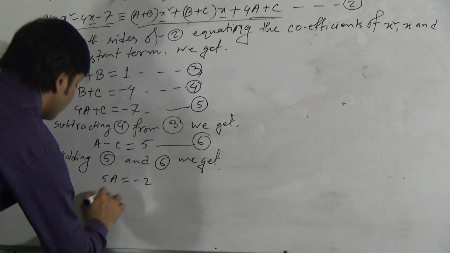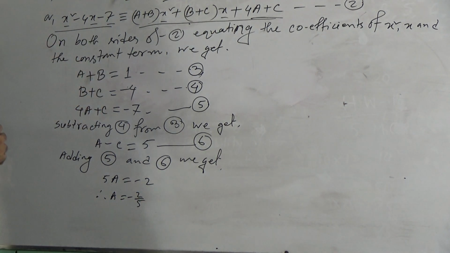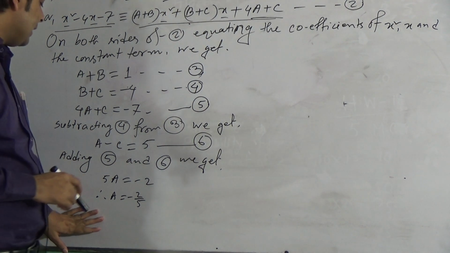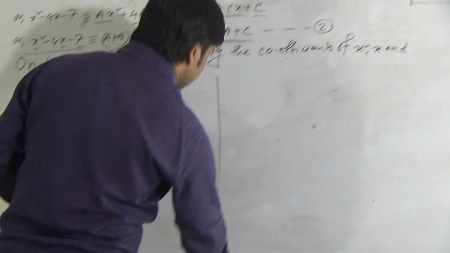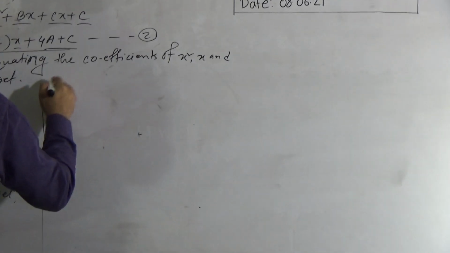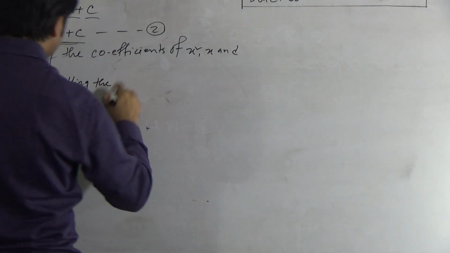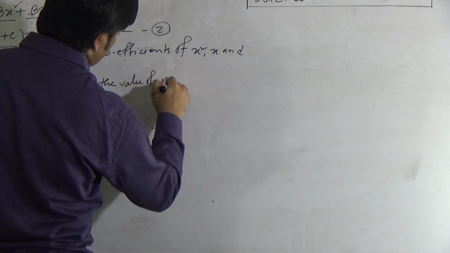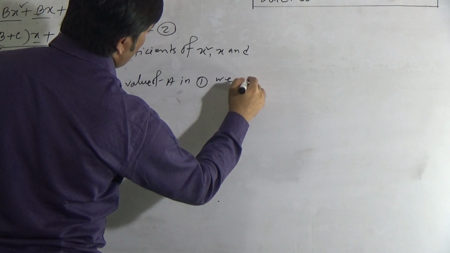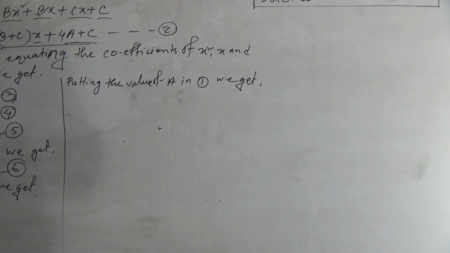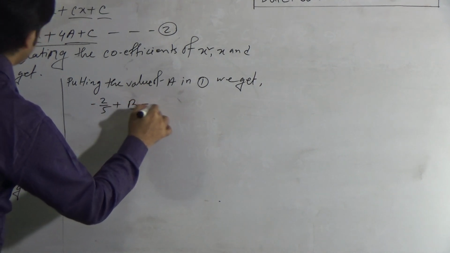So now, to determine the value of a, we have to divide minus 2 by 5. We get minus 2 by 5. So this is the value of a. Now, if we put the value of a in equation 1, we will get the value of b. Putting a in 1, we get minus 2 by 5 plus b, that is equal to 1.